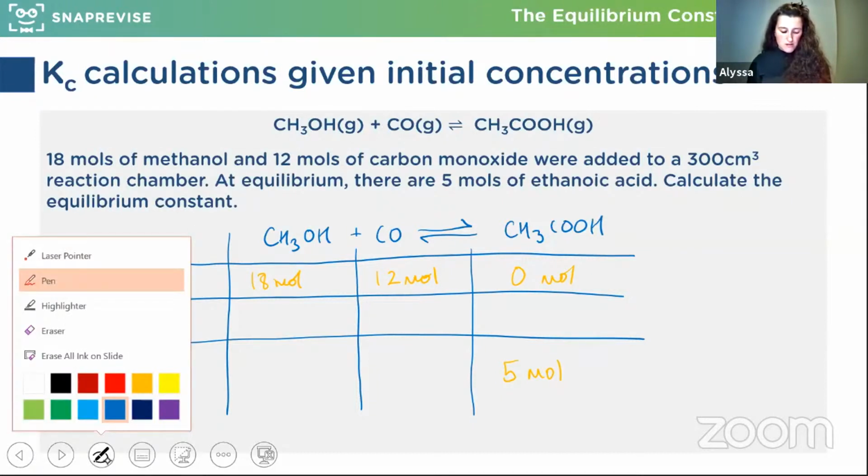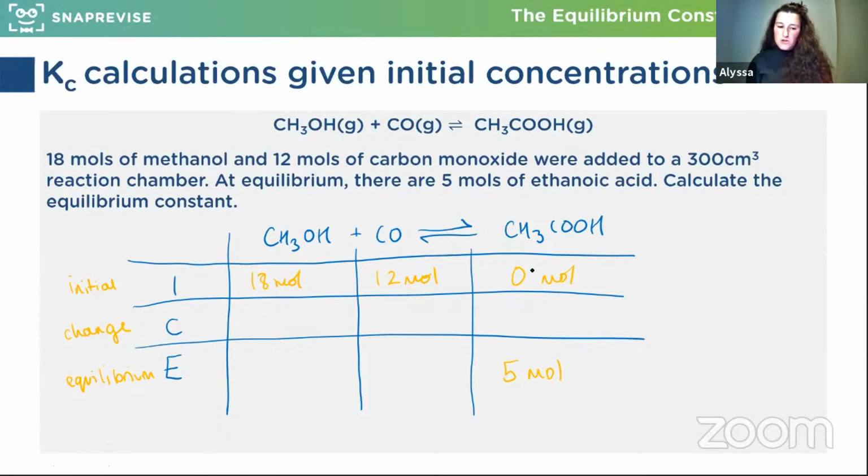I'm going to do it in green. So how has it changed? Well, to go from 0 to 5, I must have gained or produced 5 moles of ethanoic acid. So I've had positive, and I like to put the pluses and minuses in because I think it helps. So we've added 5 moles of ethanoic acid.